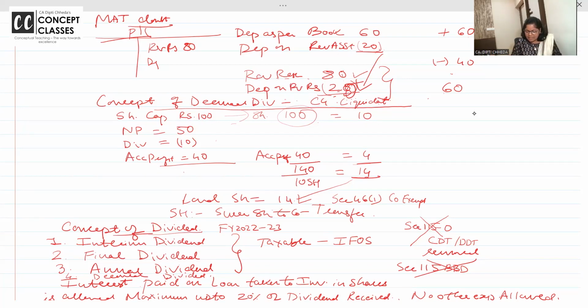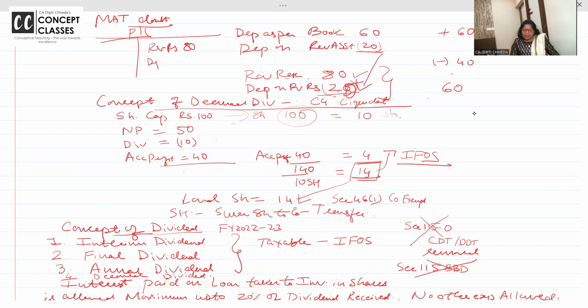Say there are 10 shareholders, so each shareholder will get 10 rupees for the share capital and 4 rupees accumulated profit. Now 14 rupees the shareholder has received. In that, 4 rupees dividend will be taxable for him under income from other sources. Are you getting it? Whether direct dividend, or at the time of the company closing, if the company is giving reserves back to shareholders at any time, it is deemed dividend.